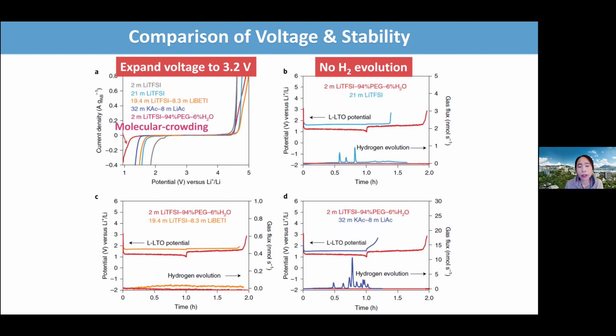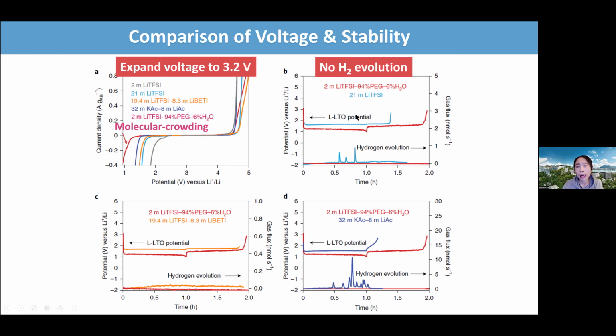Another thing that was very interesting during our investigation is that for some electrolytes, even though the voltage window seems to be suitable for LTO and LMO, if you use mass spectrometry to detect the water splitting, you can see a lot of hydrogen evolution.